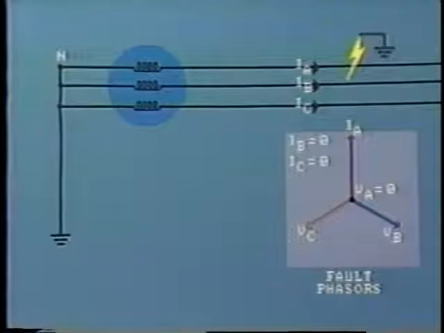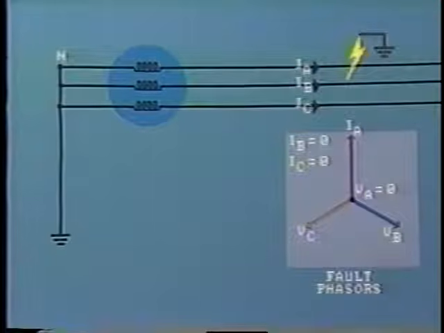Throughout this segment, we're assuming the fault path to consist of resistance only, and the current is therefore in phase with the voltage. The current in lines B and C is 0 in both cases, as system load is considered to be 0.